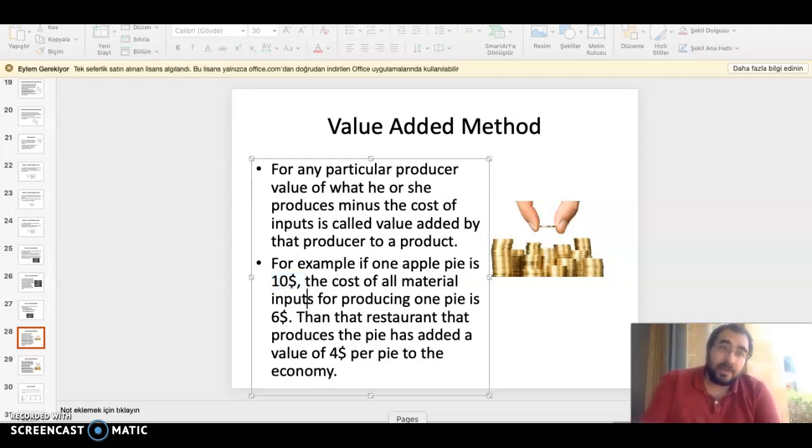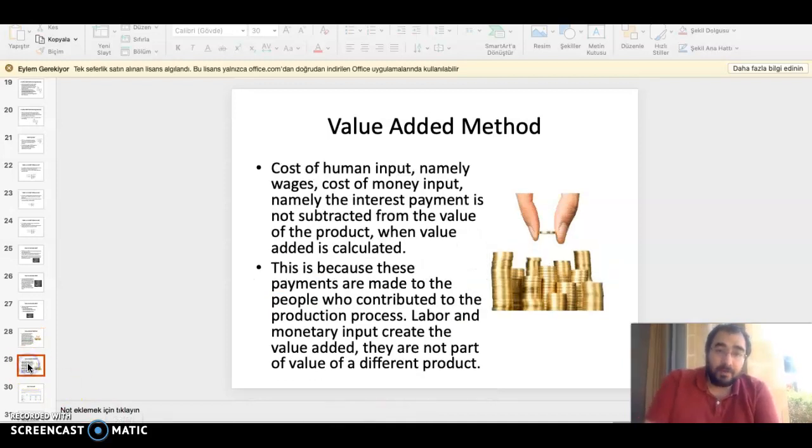So for this value added method, one thing you should be careful of is all of the factors of production, the factors that are active according to mainstream economics, transforming that input to output, are part of the value added. So the wages are part of the value added, the profits are part of the value added.